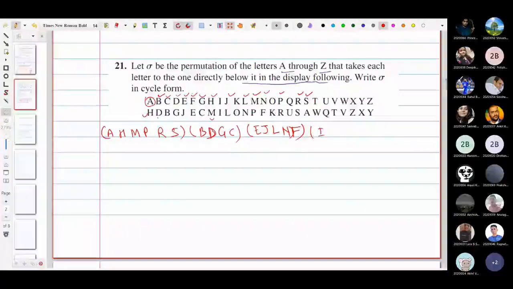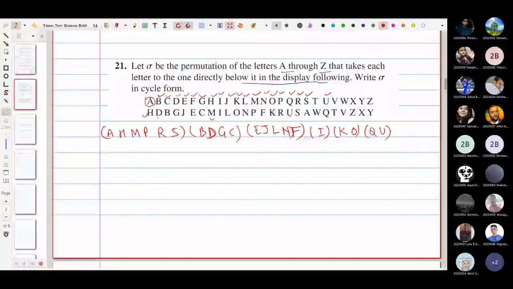So I is fixed, so you can write it or you can skip this. Okay, so what else are we left with? We have K, and K goes to O, and O is mapped to K. Then we have Q to U and U to Q. So this is a 2 cycle.